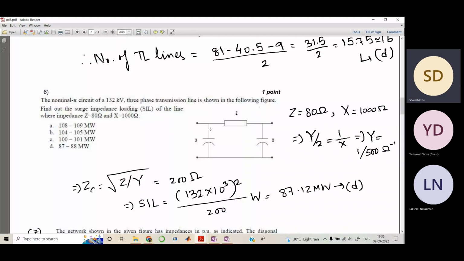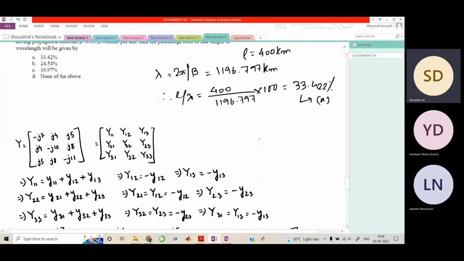It is clearly mentioned that this X is nothing but the capacitance. Now a pi circuit of a transmission line is generally represented by this. This is the impedance and this is the admittance.